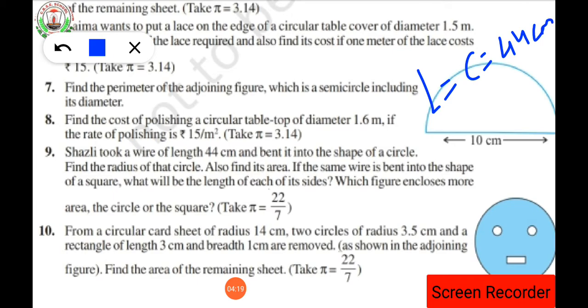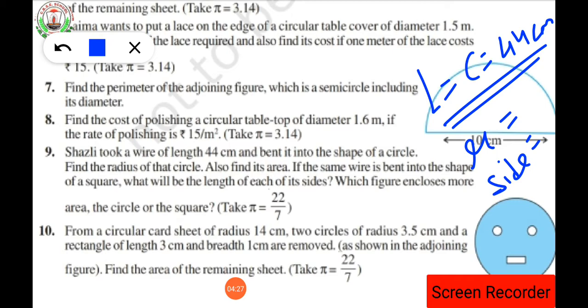Clear up to here? Then using this value only we are going to find the radius as well as the side of the square. Then after, we have to compare which figure encloses more area, either the circle or the square. This is the question. When we do the question, it will be easier for you.